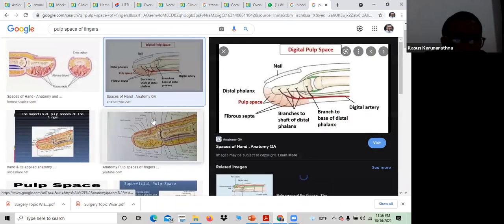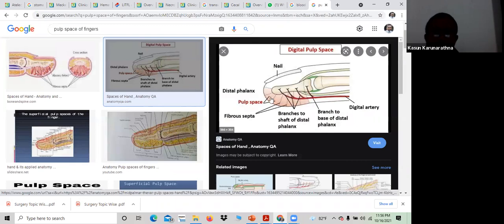This is your pulp space. There are septate fibrous fat compartments. Due to infection, there's increased pressure, and the distal phalanx is supplied by blood vessels that traverse from the proximal part of the pulp space, right?